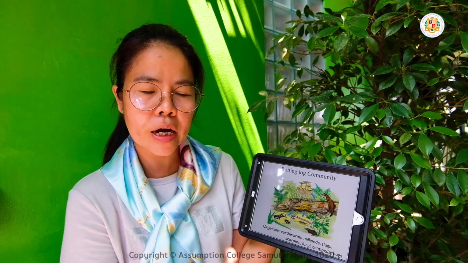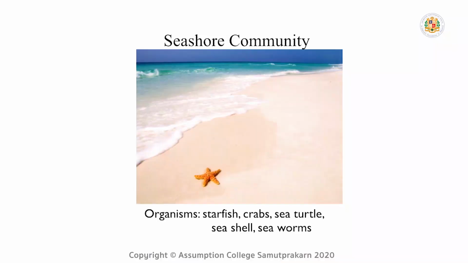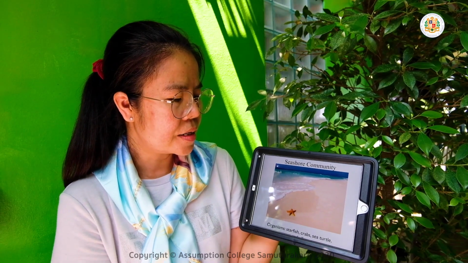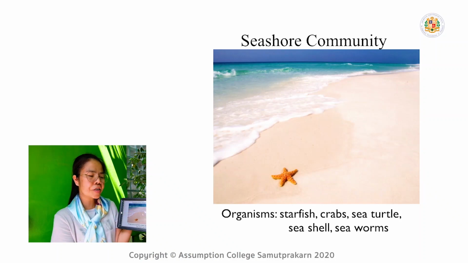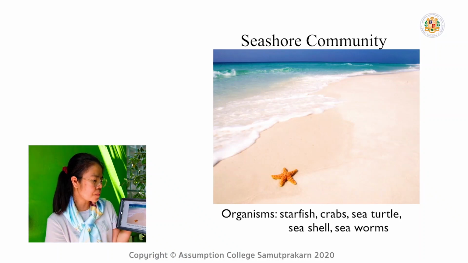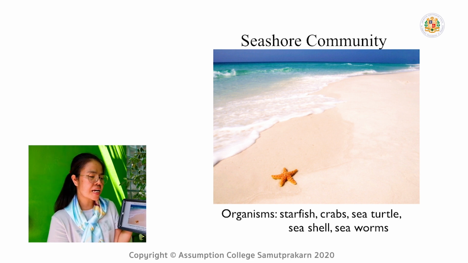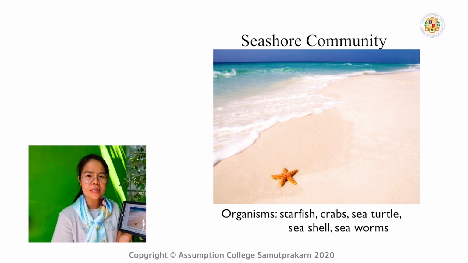Bugs, some. Okay. So another, this is the seashore community. Okay, it means at the beach. Seashore community. We can find many organisms around here. There are starfish, crabs, sea turtles, sea shells, and sea worms.